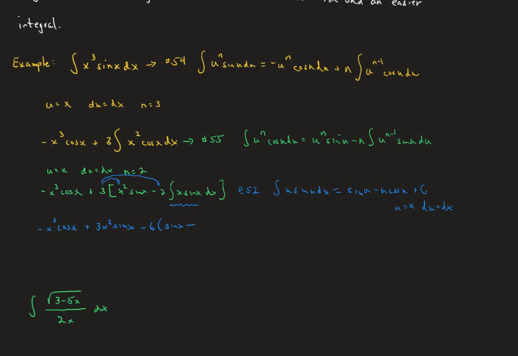I think it's a minus, then x cosine x plus c. So finally, negative x cubed cosine of x plus 3x squared sine x minus 6 sine x, and that'll become a plus 6x cosine x plus c.